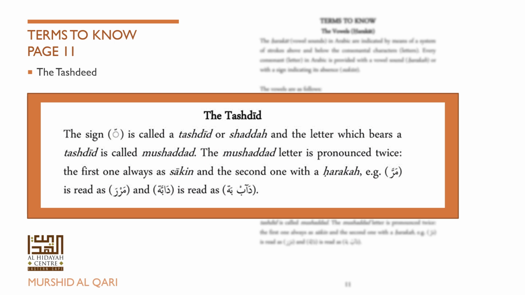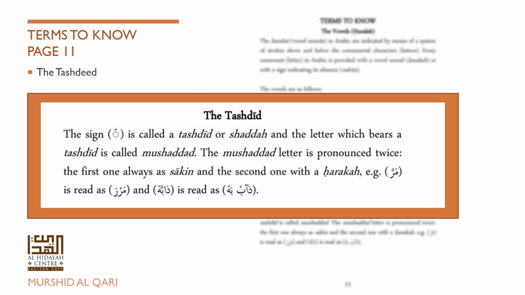The first one always has a sakin, and the second one with a haraka. Example, marra. If you have to break it up, it will be read as mar and ra. So marra, the first one always has sakin. In that case, the first ra, and the second ra will have the haraka. But you will not see it written broken up like this. It will always be written with the shadda.